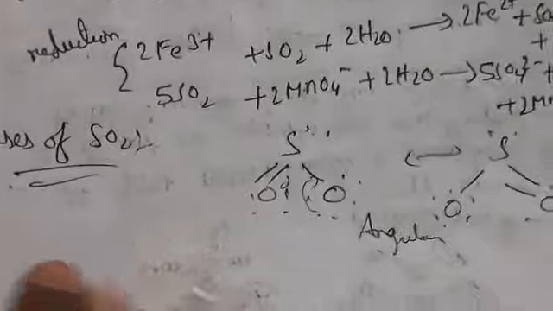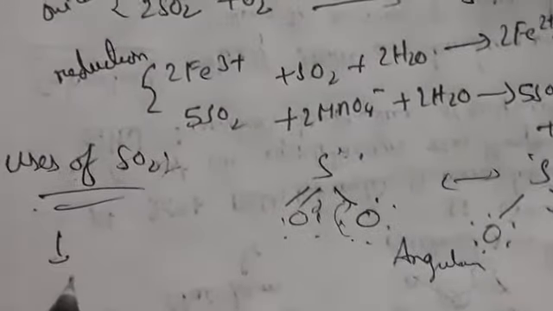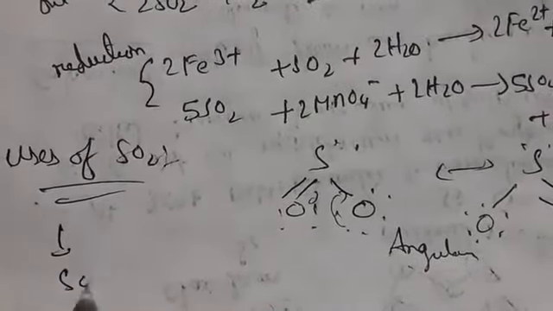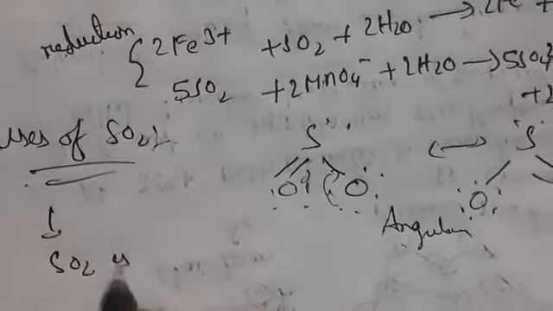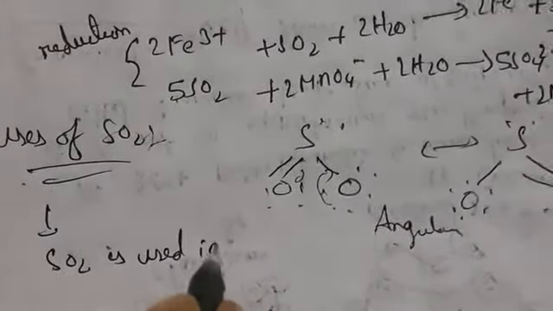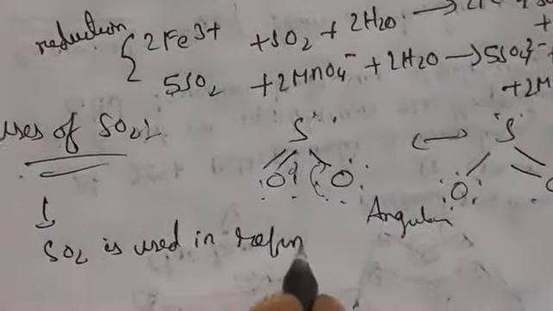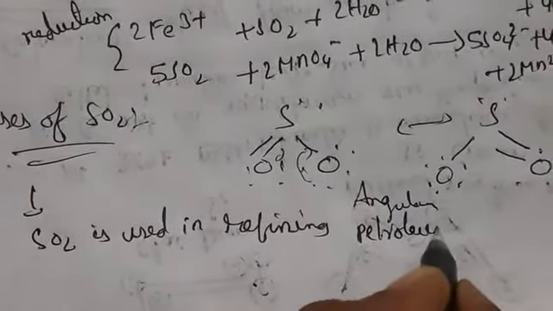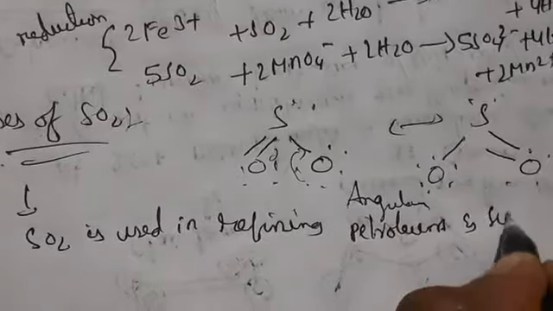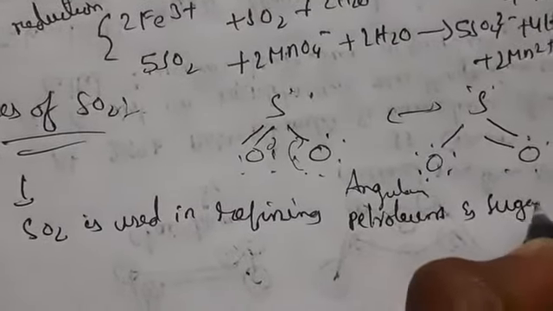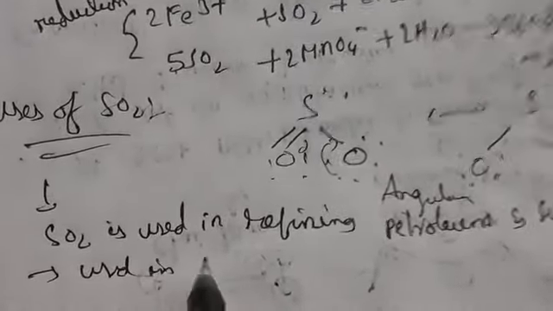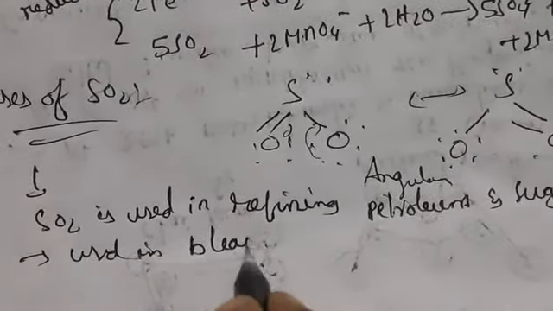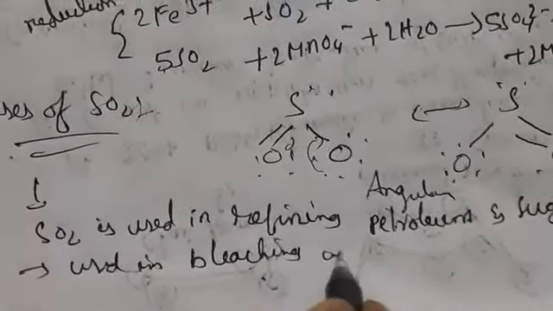Where is sulfur dioxide used? It is used in refining petroleum and sugar. It is also used in bleaching wool and silk.